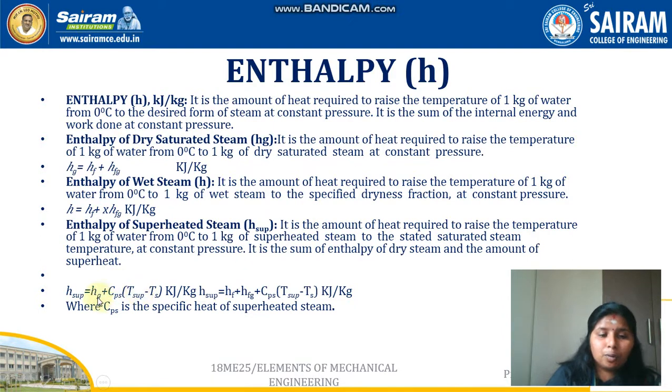This is given by the formula H super equal to Hg plus Cps into (T super minus T saturated), where Cps is nothing but the specific heat of superheated steam. If the value of the specific heat is mentioned, you can take it.